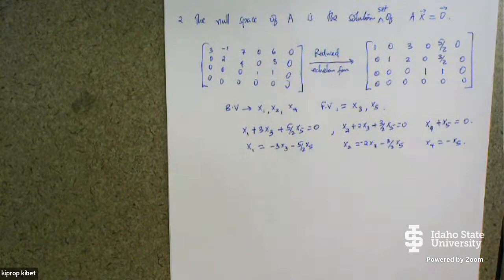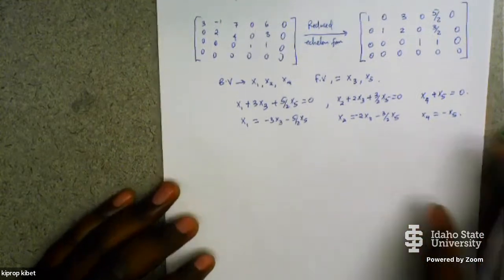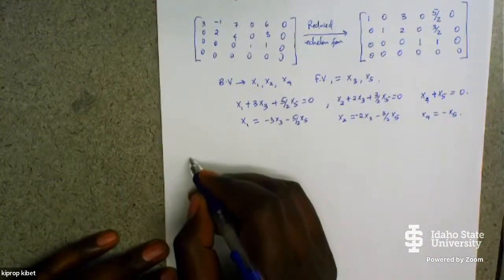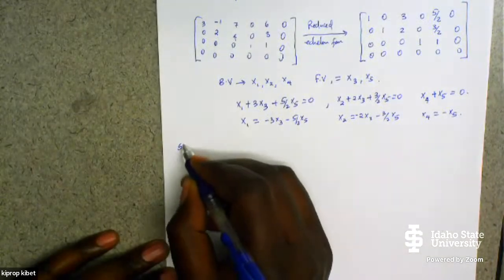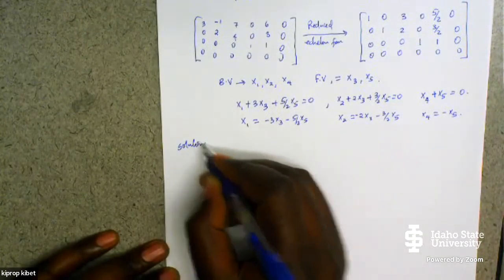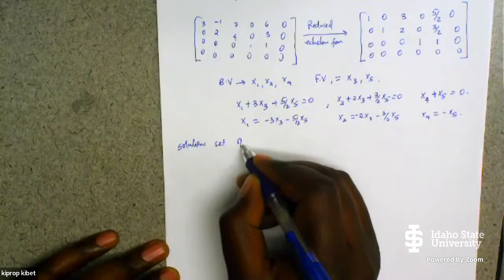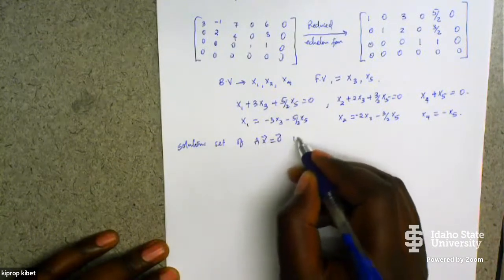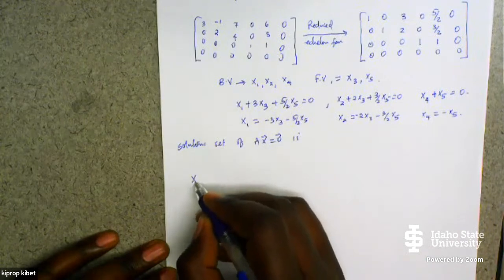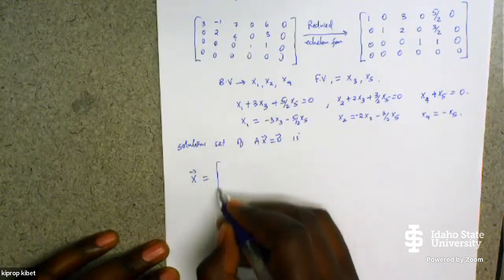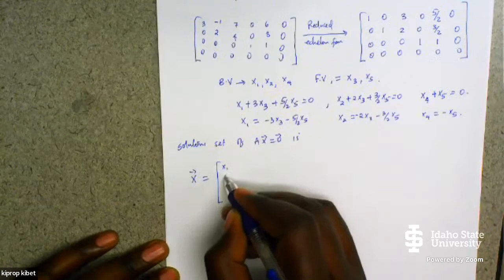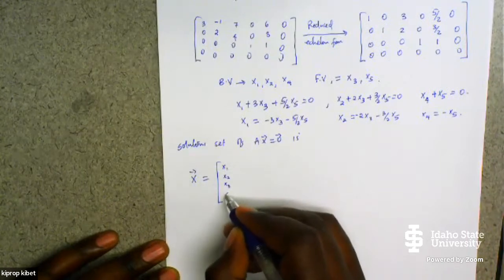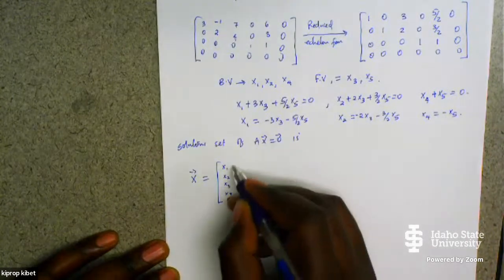So then our solution set of Ax equals 0 is our x, which equals (x1, x2, x3, x4, x5).